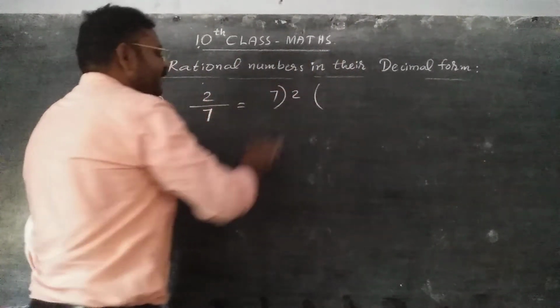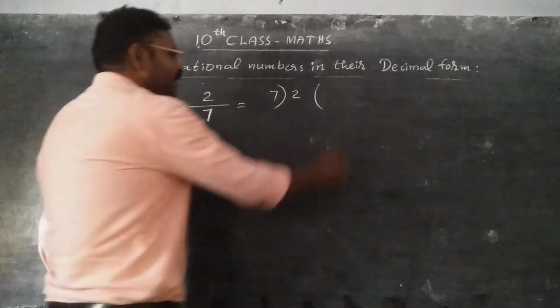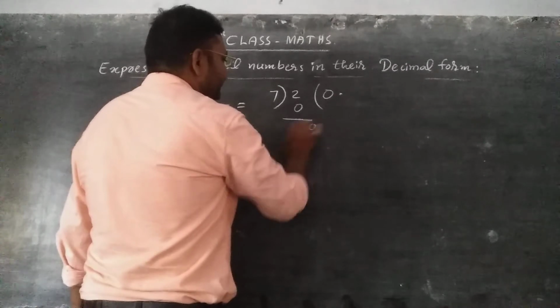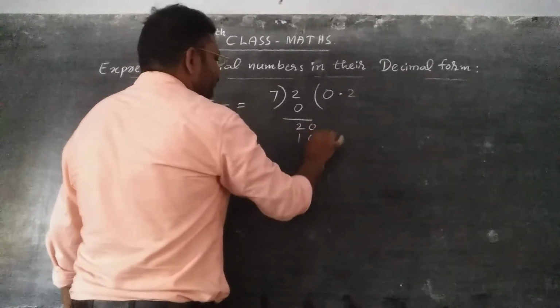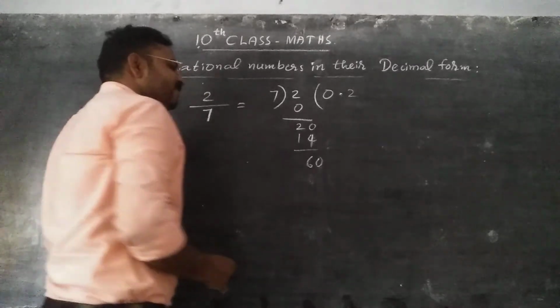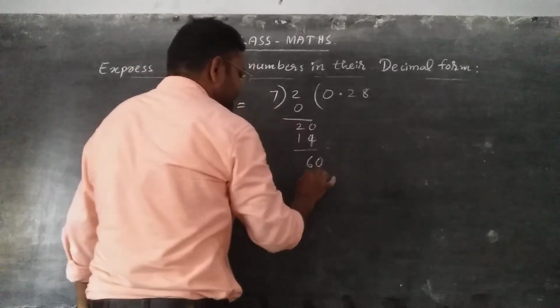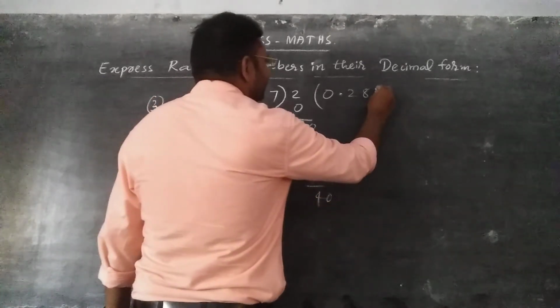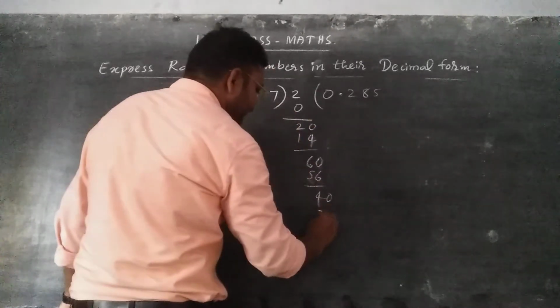2 divided by 7. How many times? 7 zeros are 0. 2 will get. Keep a point, bring down 0. 7 2s are 14, 6 will come. Keep a point, 0. 7 8s are 56, 4. Bring down 0. 7 5s are 35.